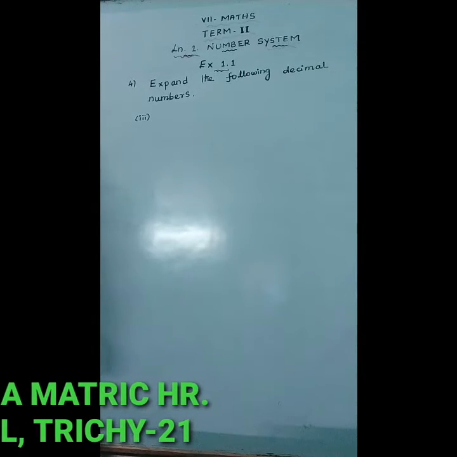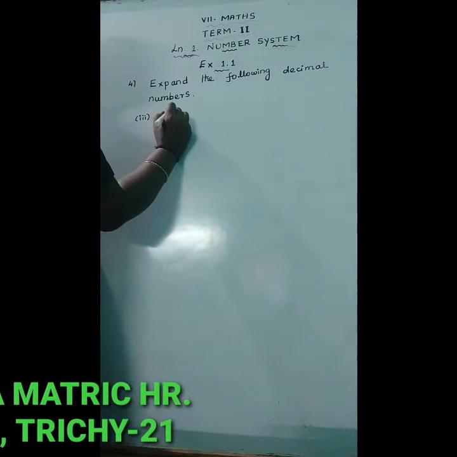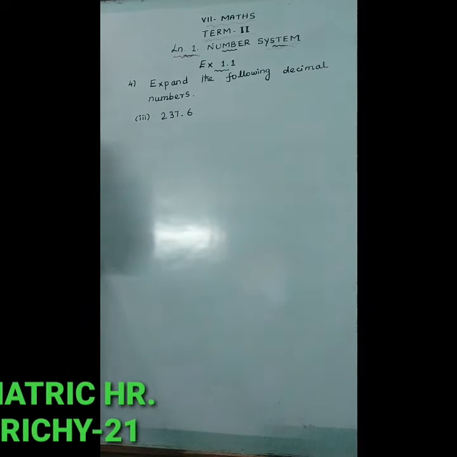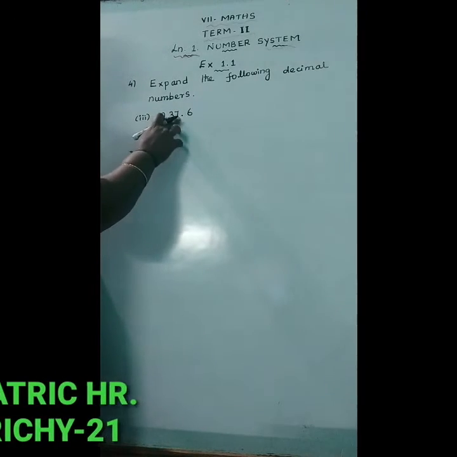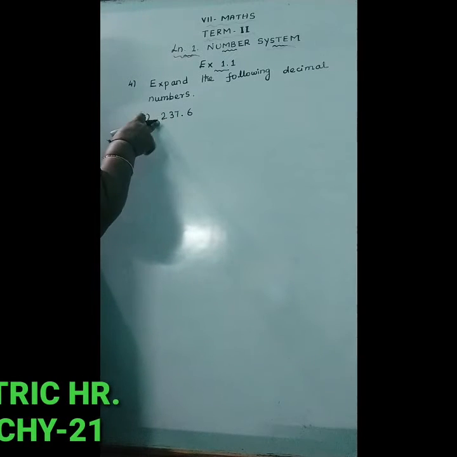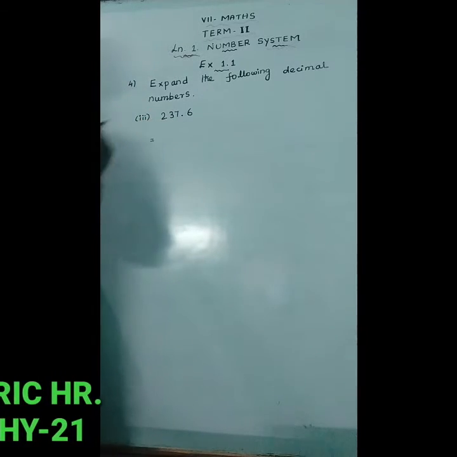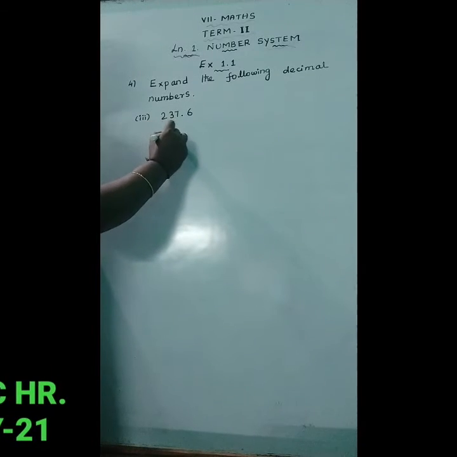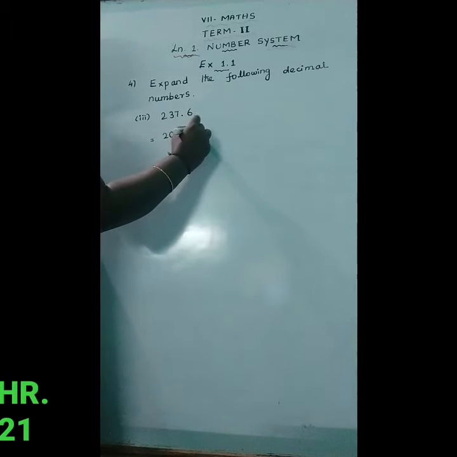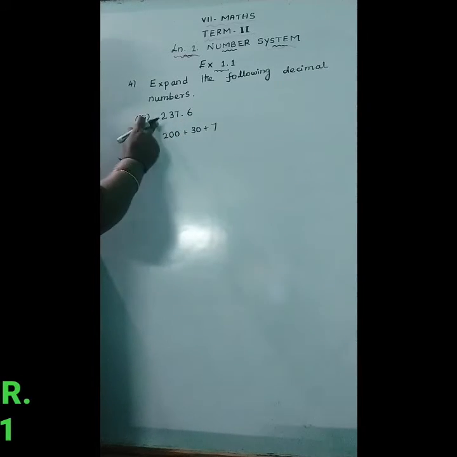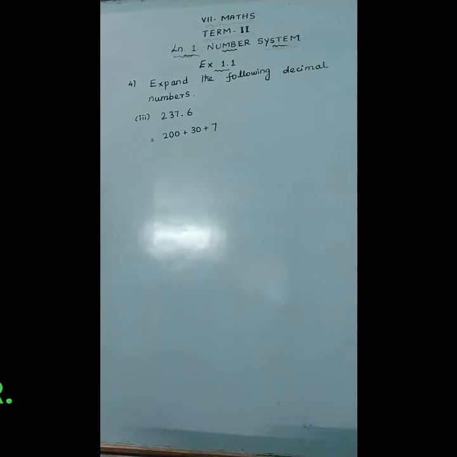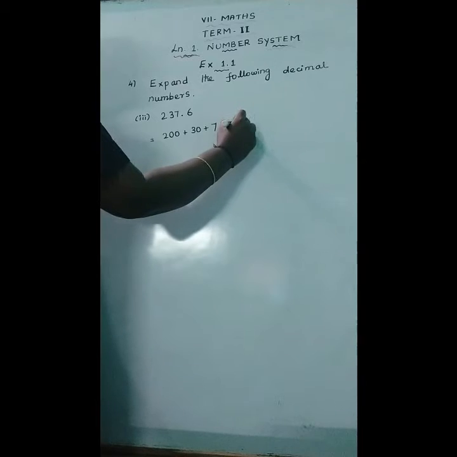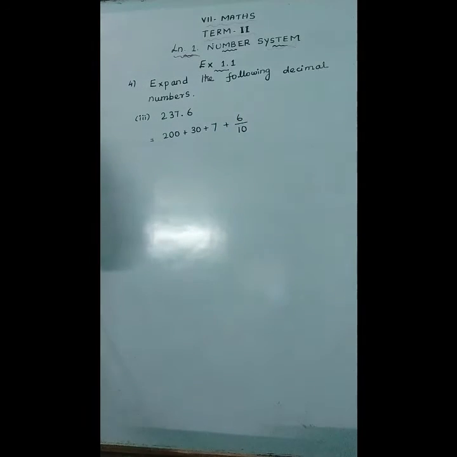The third subdivision is 237.6. Here we write the places 1, 10, 100. After the decimal point is the tenths place. This is the 100 place, so 237 is 200 plus 30 plus 7, plus, after the decimal point, the tenths place, 6 divided by 10.